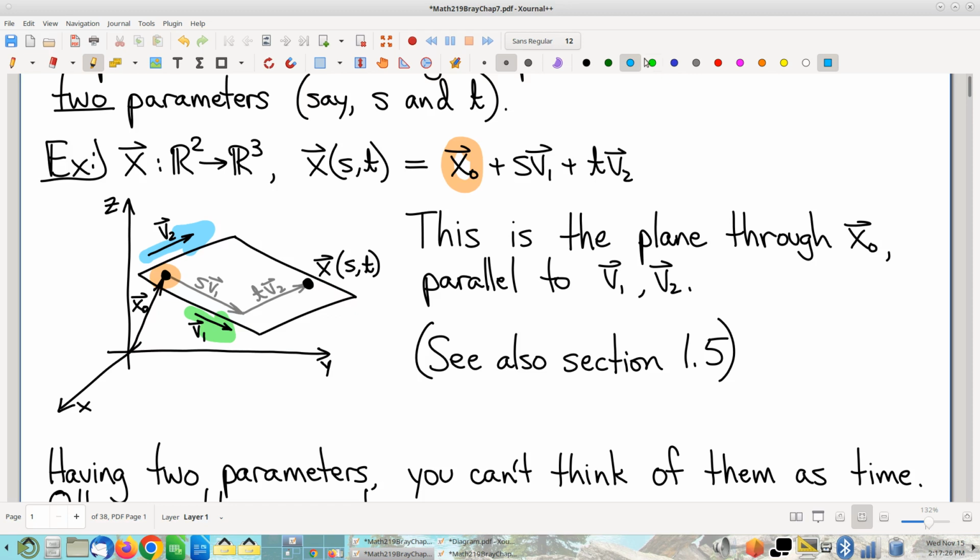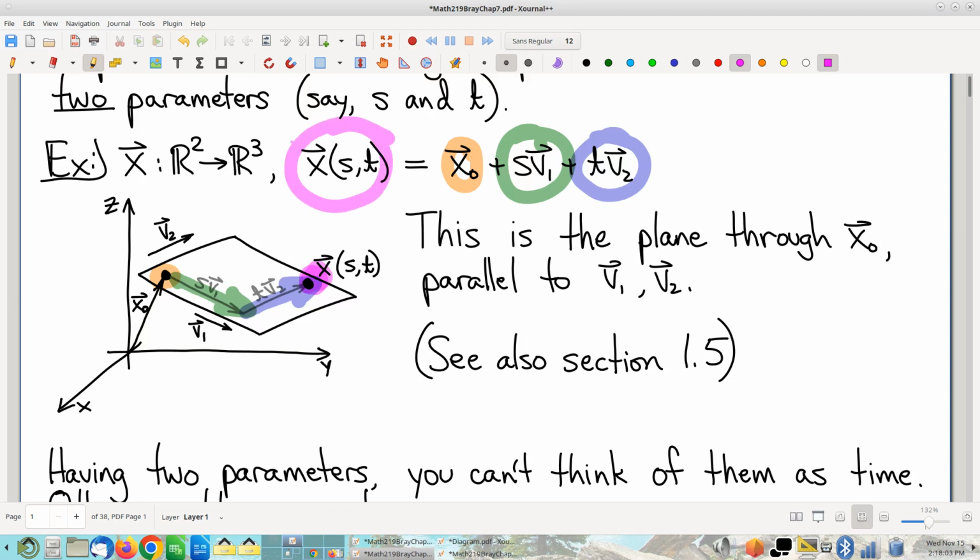And with that in mind, starting at x naught, if I go some amount in the direction of v1 plus then some amount in the direction of v2, I am then just adding a multiple of v1 and a multiple of v2. Right, orange plus dark green plus dark blue, and notice that gets me to some other point on the plane.